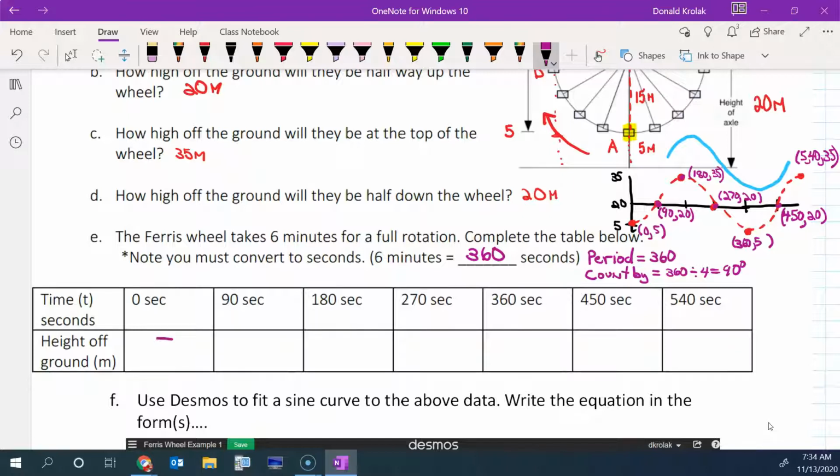So this is 5, then 20, 35, 5, 20, 35. All right, now in a minute, we're going to put these into Desmos, and Desmos is going to give us a graph that fits this data.